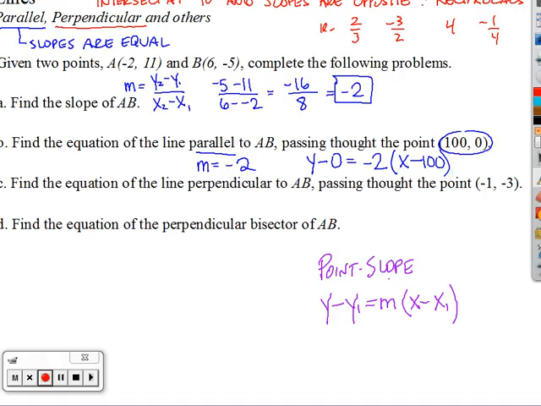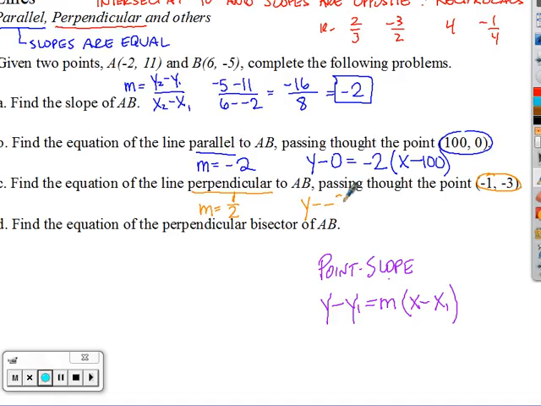Next we have the equation of a line perpendicular to AB. So the perpendicular slope will be the opposite of -2, which is +2, and the reciprocal of -2, which is 1/2. So the slope here will be 1/2, and the point that we know is (-1, -3). Again, I'm going to use point slope form.